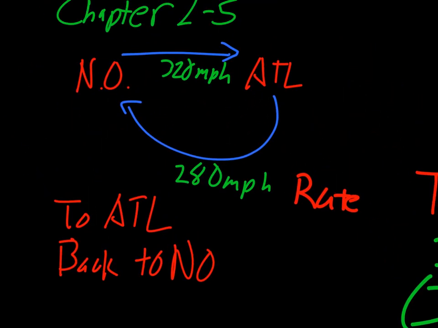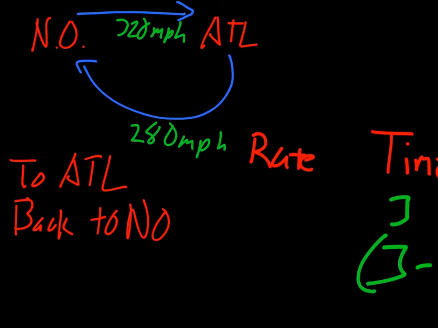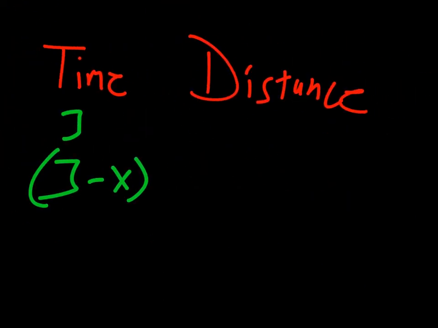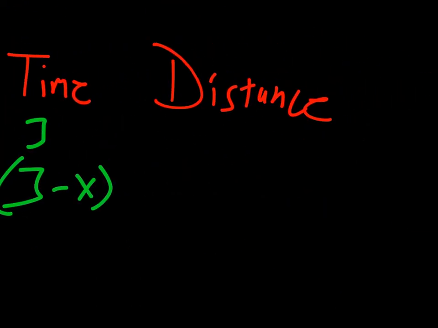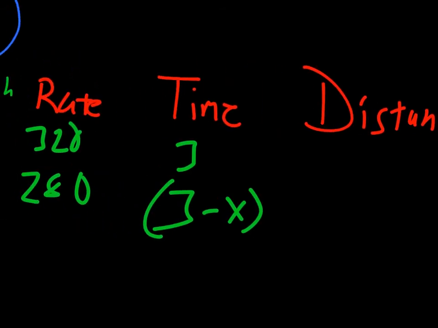So going from New Orleans to Atlanta, the rate is 320. And the ATL back to New Orleans is 280, okay? Did I say 3? I didn't mean 3, did I? Figured it out, got it.